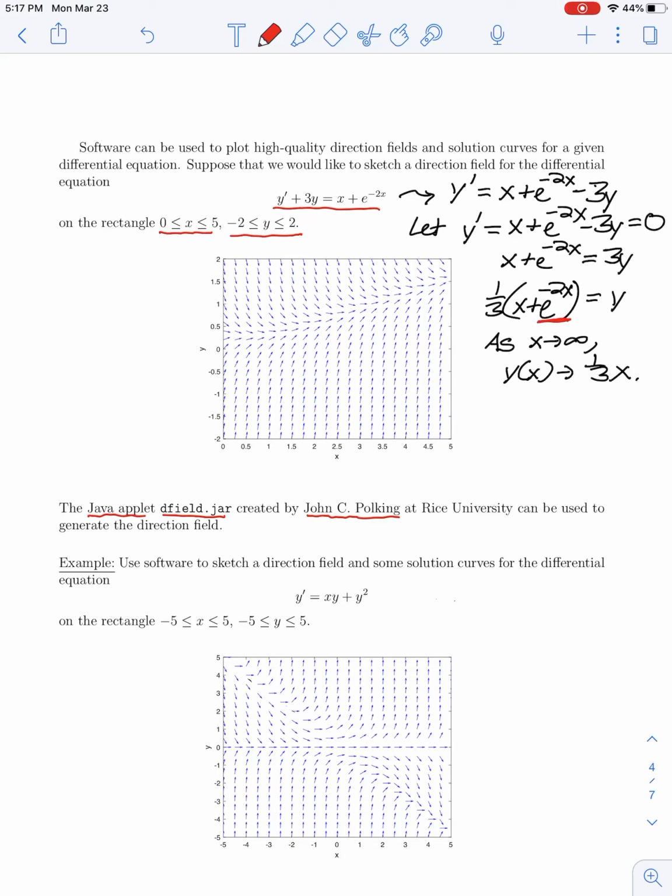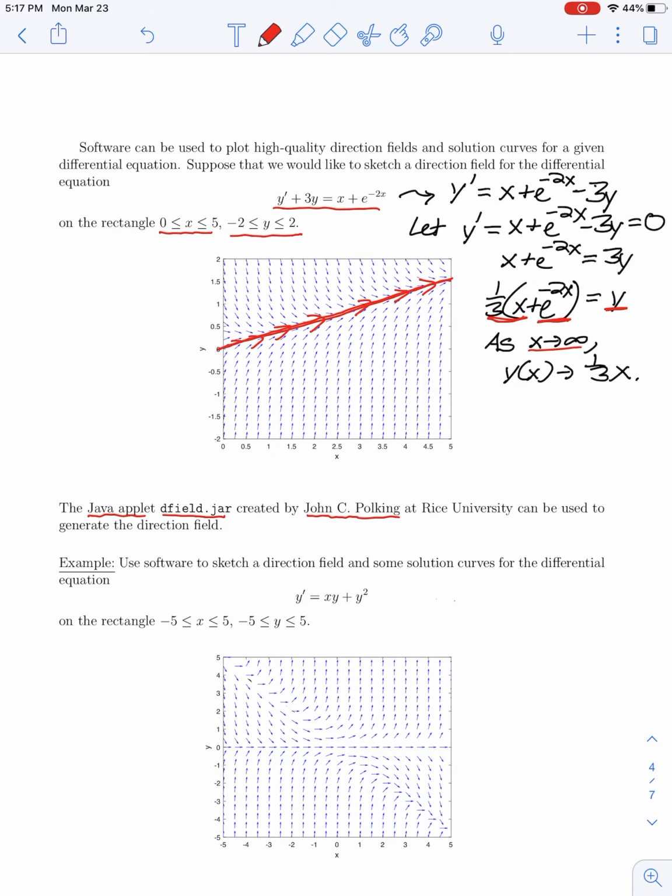This e to the negative 2x term, as x becomes large, will tend to 0, and then my solution y is approaching this x over 3 line. So we can see that in our direction field here. It looks like these solution curves are approaching the line 1/3 x. That is the line with a slope of 1/3 passing through 0, 0.